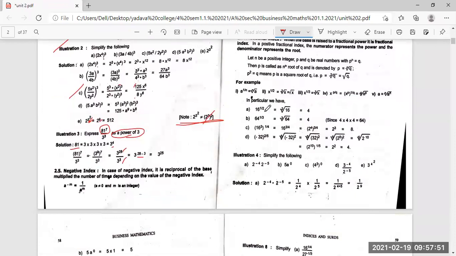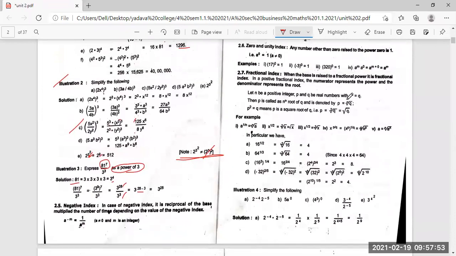Then coming to this formula, p to the power of n is equal to q. That is, the nth root of q is denoted as p. That is p to the power of 2 is equal to q, that is the square root of q is p. a to the power of 1 by n is equal to the nth root of a, we have to write it like this.